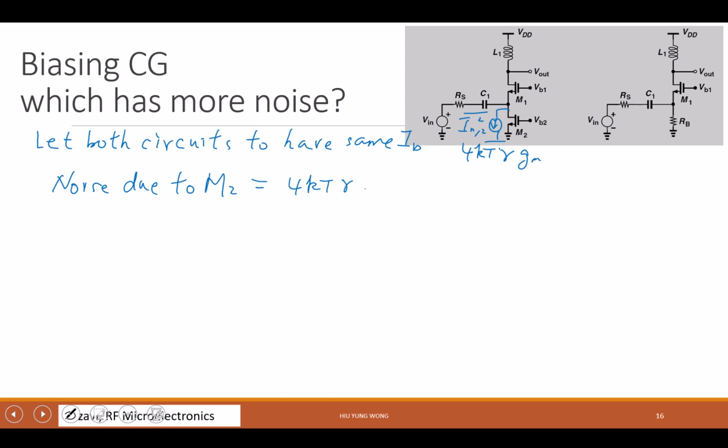But I want to compare it, so I'm going to change GM to what we learned earlier, 2ID divided by VB2 minus VT. Now this one we actually mentioned very early when we talked about transconductance. Transconductance equals 2ID divided by VB minus VT.